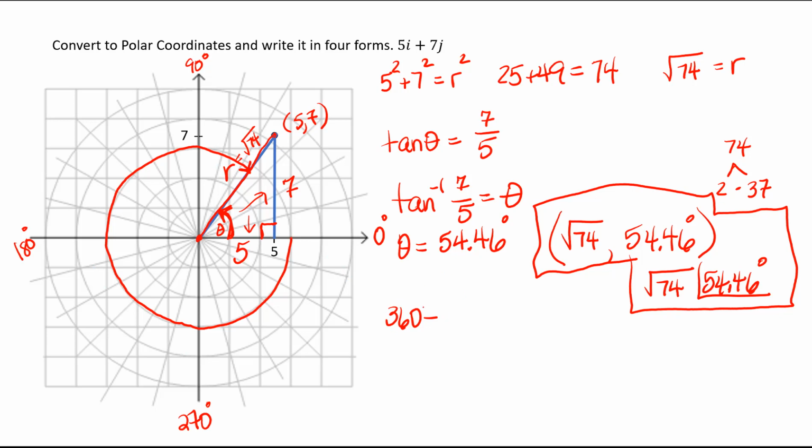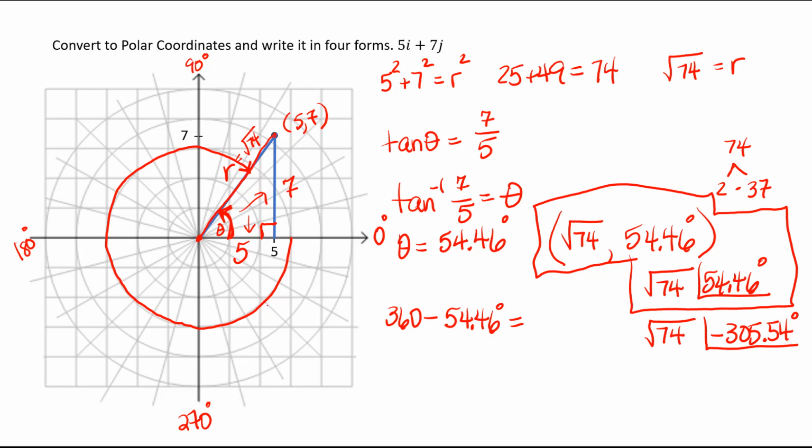Then we would have 360 minus 54.46 degrees, which would be 305.54 degrees. So another way to write this point would be the square root of 74, but the angle we would put would be negative 305.54 degrees.